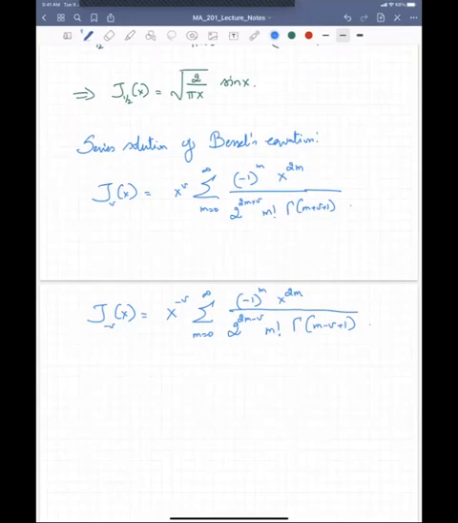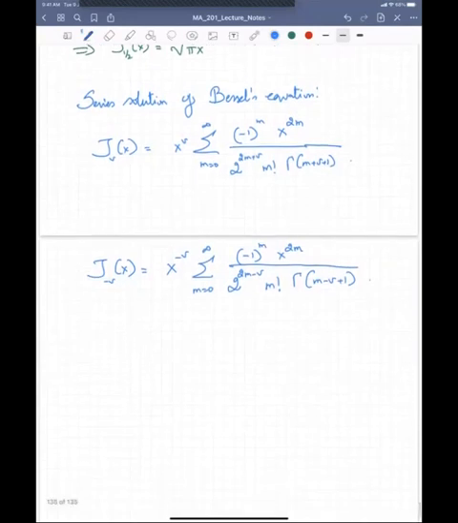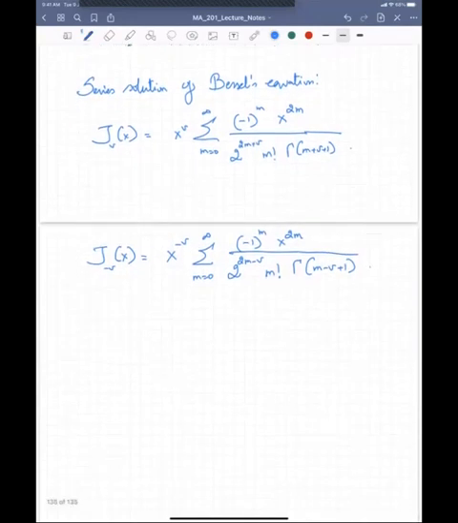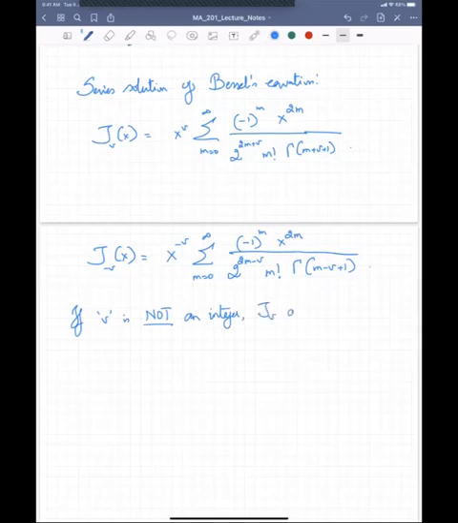Okay. So now the question is, are these two linearly independent? Well, it turns out that if nu is not an integer, J nu and J minus nu are linearly independent.